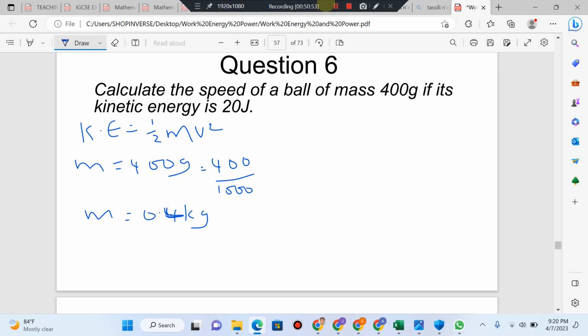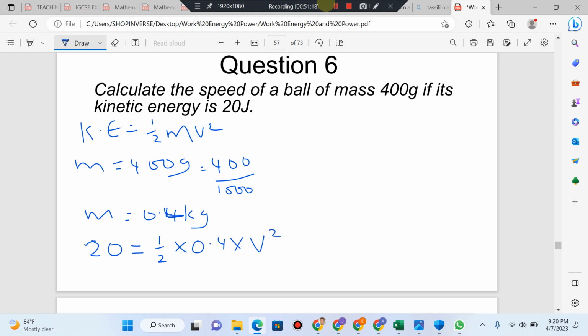What else do you need? Nothing. Now let's substitute. Kinetic energy is 20 joules. So we substitute 20 joules for kinetic energy. You write 20 equal to half times mass. The mass is 0.4 times, what's the speed?